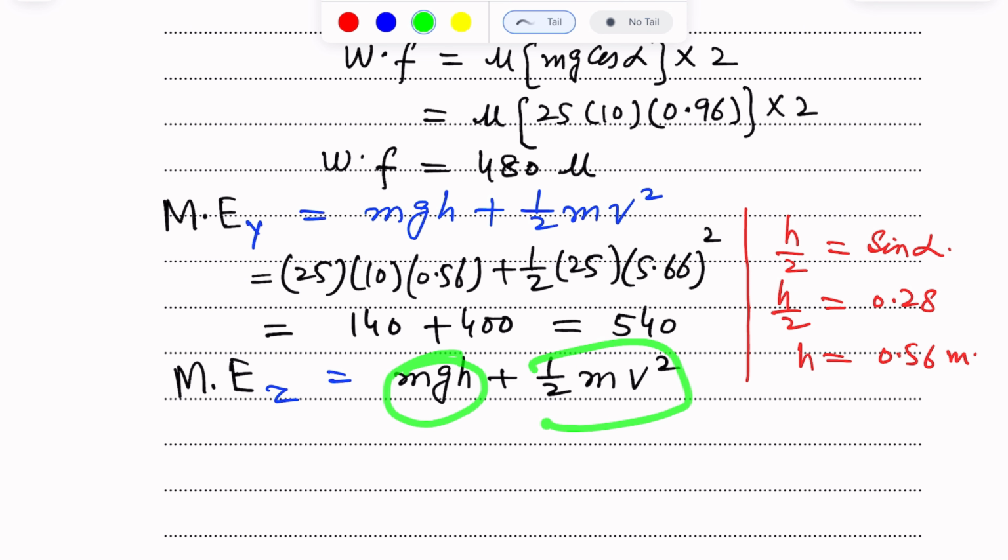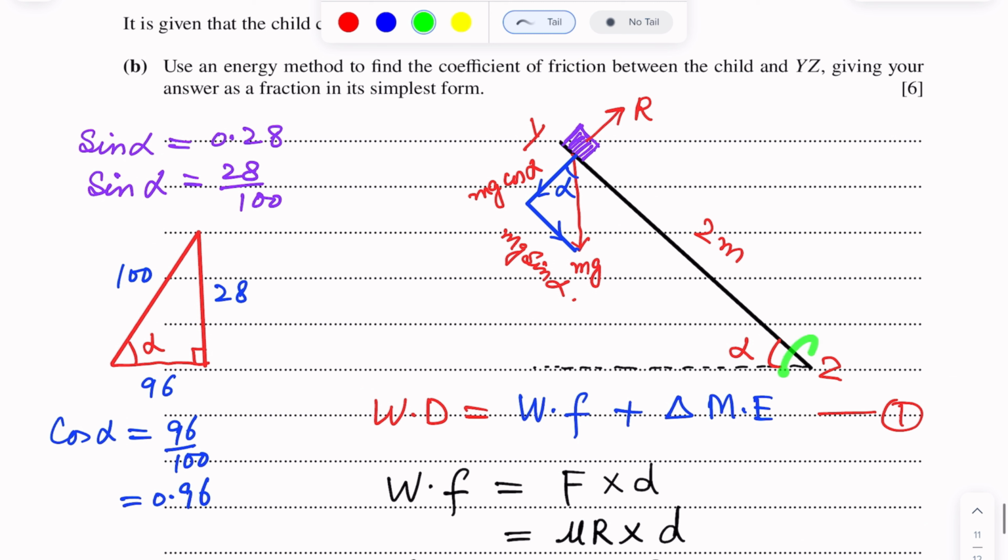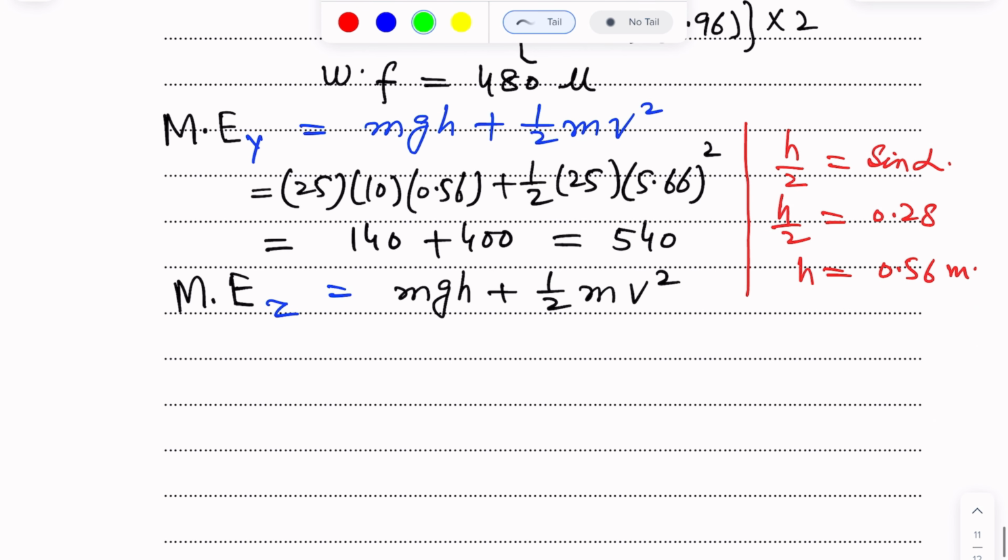Mgh is 0, and 1/2 mv square is also 0 because the speed is 0 at Z. It is given that the speed is 0 at Z, and the height is decreasing, and at that level the height is also 0. So both energies are 0. So we get 0 plus 0 is equal to 0. Now the mechanical energy at Z is 0.